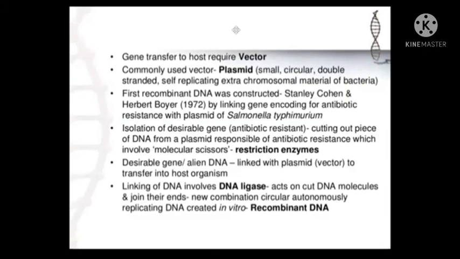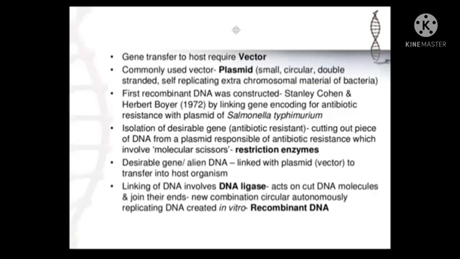Now, this desirable gene, you can call it an alien gene. See, I have to incorporate a special character which I do not possess. When that character has been taken from somewhere else, that particular character will be alien to me, not belonging to my own.